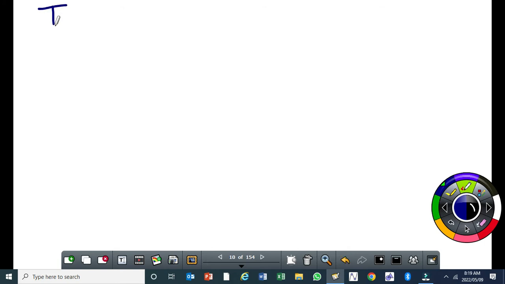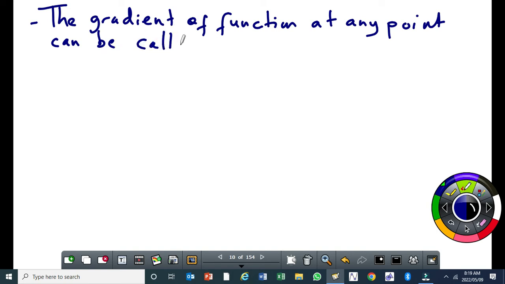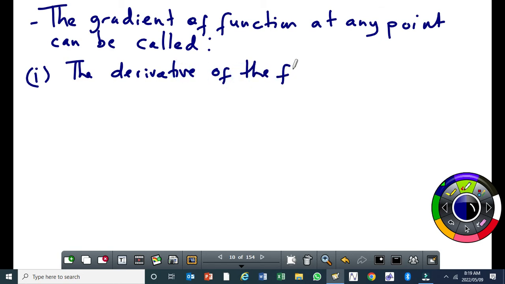The gradient of a function at any point can be called, number one, the derivative of the function at that point.